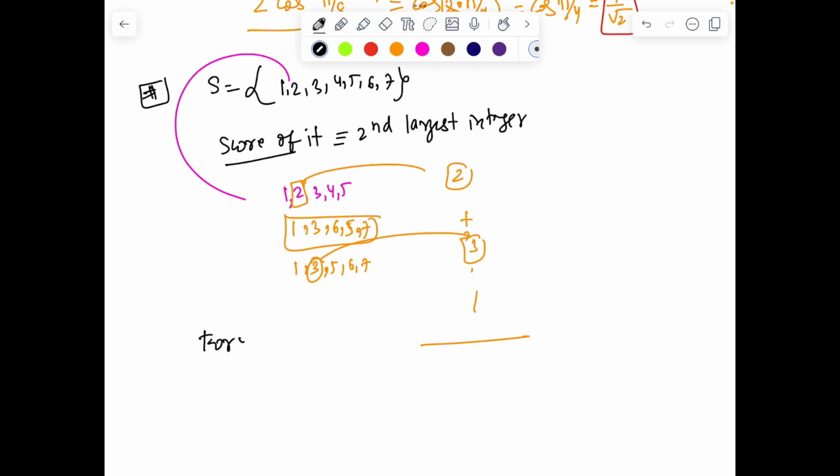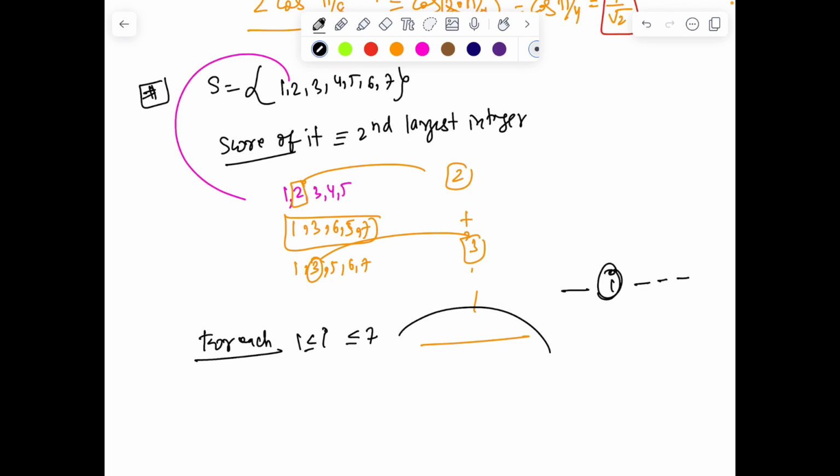So this is also an easier one, because you can see for each I, if I select it from 1 to 7, how many sets are there such that I is the second largest? Because I should be the second largest, and then we have 1, 2, 3, 4, 5.